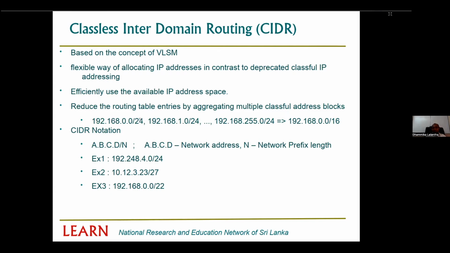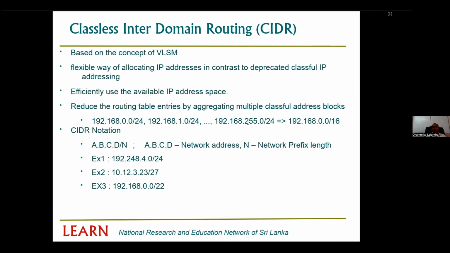Actually, these are Class C subnets, Class C networks. This is 192.168.1.0, and this is 192.168.254.0. So altogether it has 256 networks.